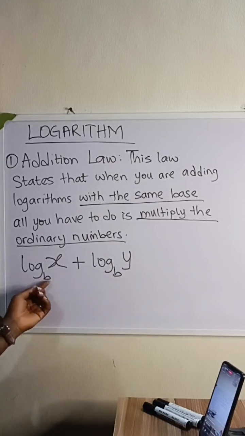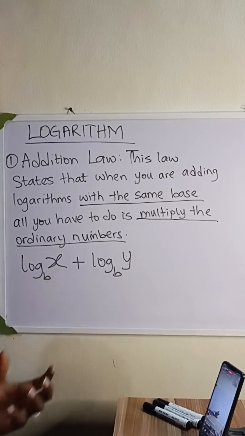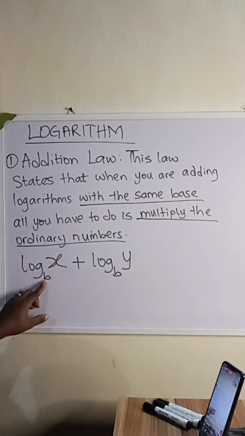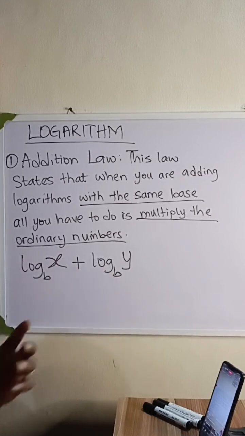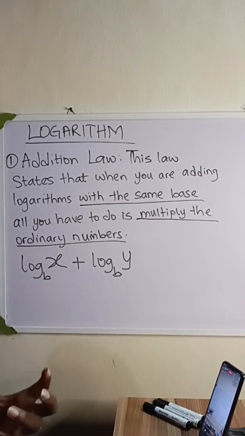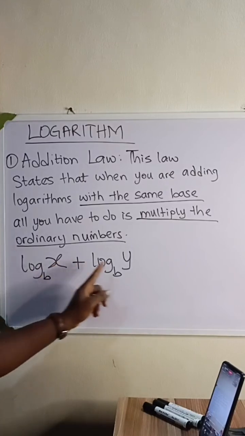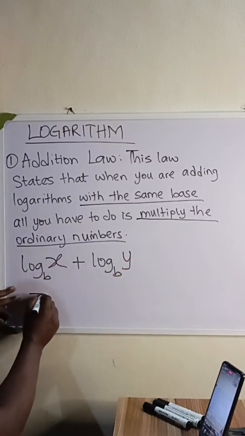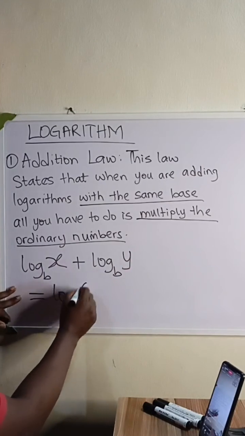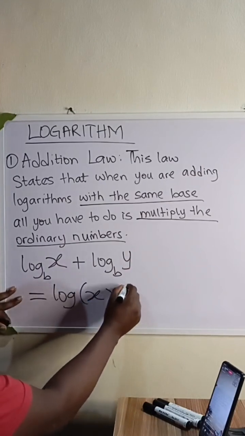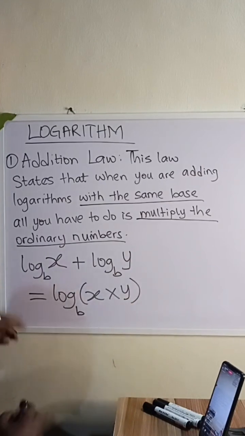But if you look at the base, both bases are the same. The base here is b, the base here is b. So since we are adding two logarithms with the same base, all we need to do is multiply the ordinary numbers. So this will give us log x multiplied by y base b.